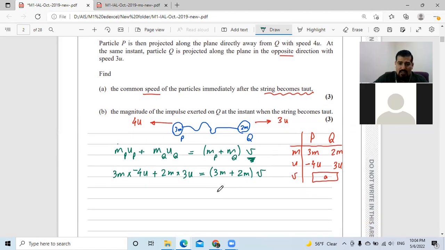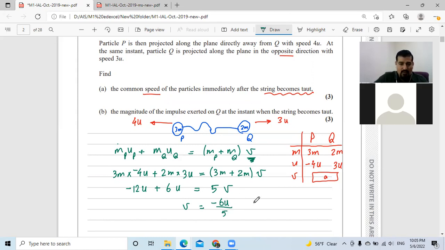We can cancel m with m, so we get negative 12u plus 6u equals 5v. So v, dividing by 5, is negative 6u over 5. The negative here means to the left.